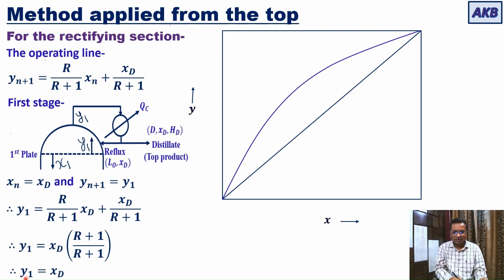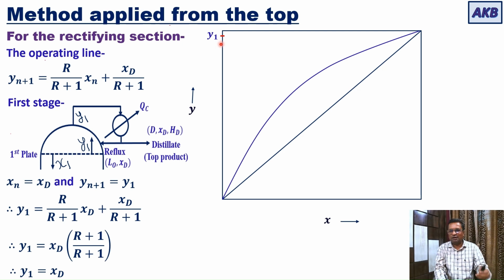Now here you know y1 because it is equal to xd, and xd is known to us. We take that value of y1 and come to the distribution diagram. We locate y1 on the y-axis, depending on its value.